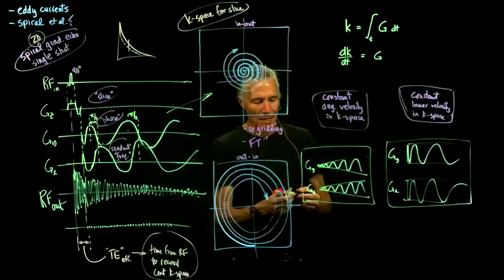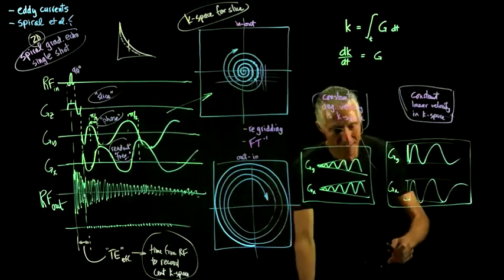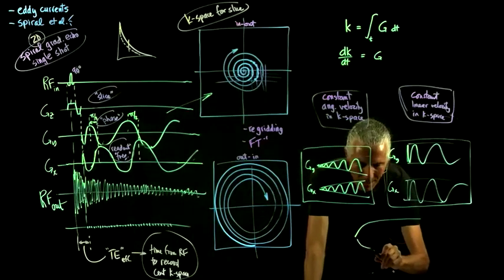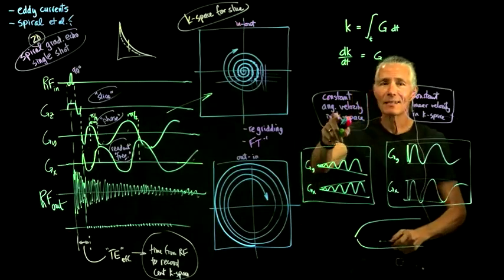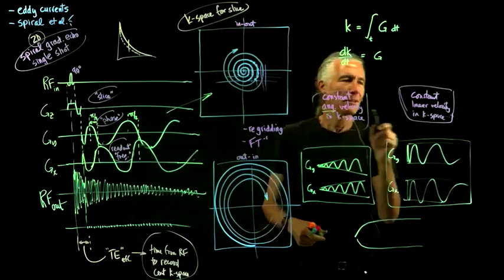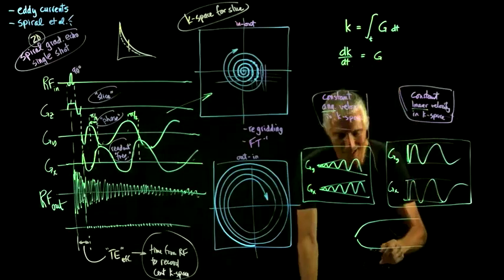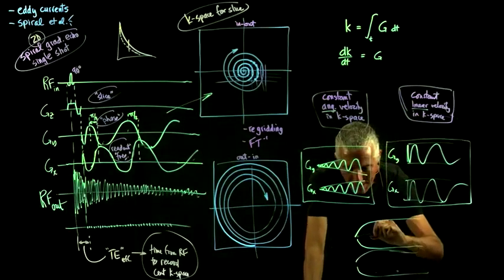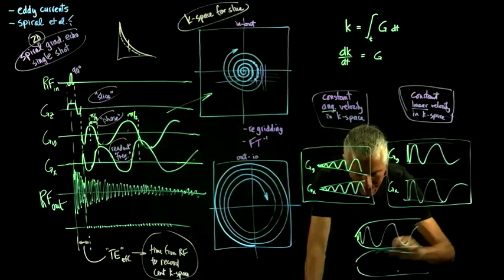And so usually in practice, what people use is something that's kind of a combination of those two. So start off at constant angular velocity and then end up at constant linear velocity. And so you would get some gradients that look something like that.